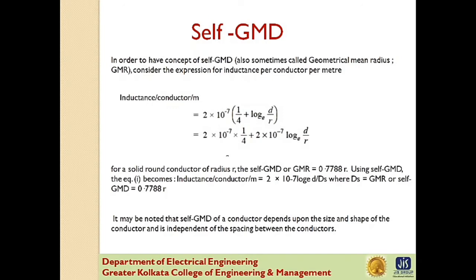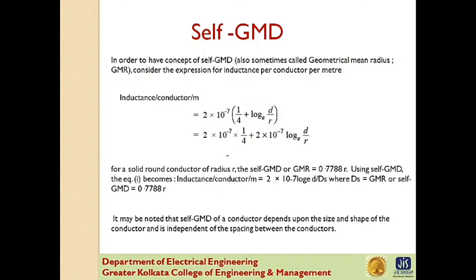Now in order to have a concept of self GMD, consider the expression of inductance per conductor per meter. In this expression, the term 2 × 10^-7 × 1/4 is the inductance due to flux within the solid conductor.